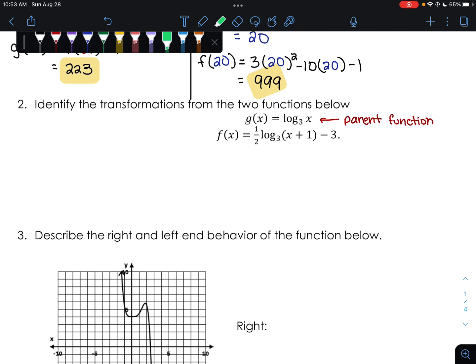So we're going to go piece by piece and identify what's happening. Starting here, the 1/2 out in front is going to be a vertical stretch or a vertical compression. Since it is between 0 and 1, it is a vertical compression.